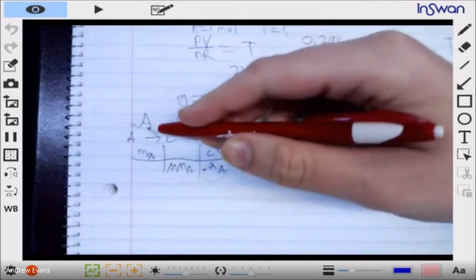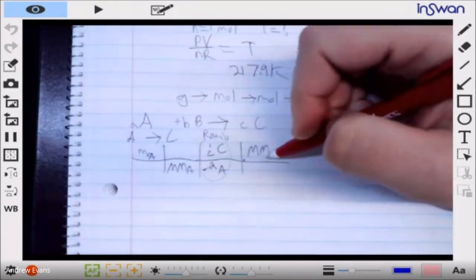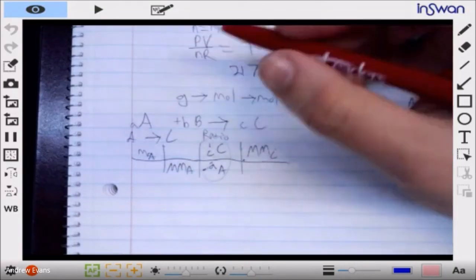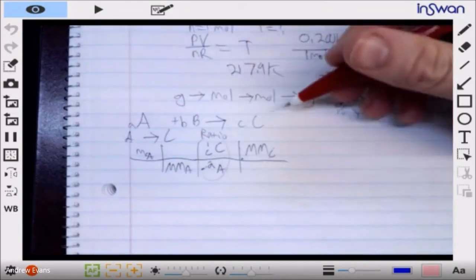If I wanted to go to B, I'll just replace that with b and molar mass of B. So we're going to use that.